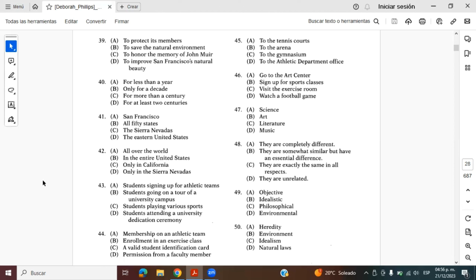Number 49. Which of the following best describes realism? Number 50. Which of the following does not influence human actions, according to naturalist ideas?